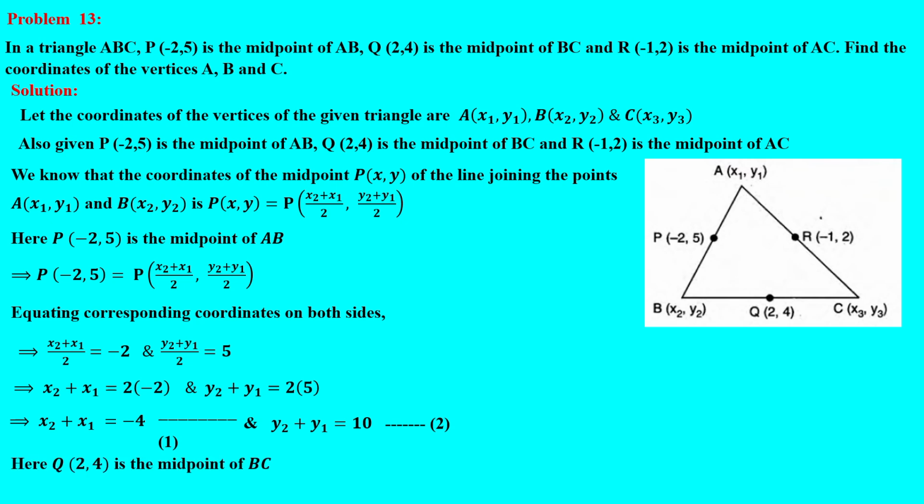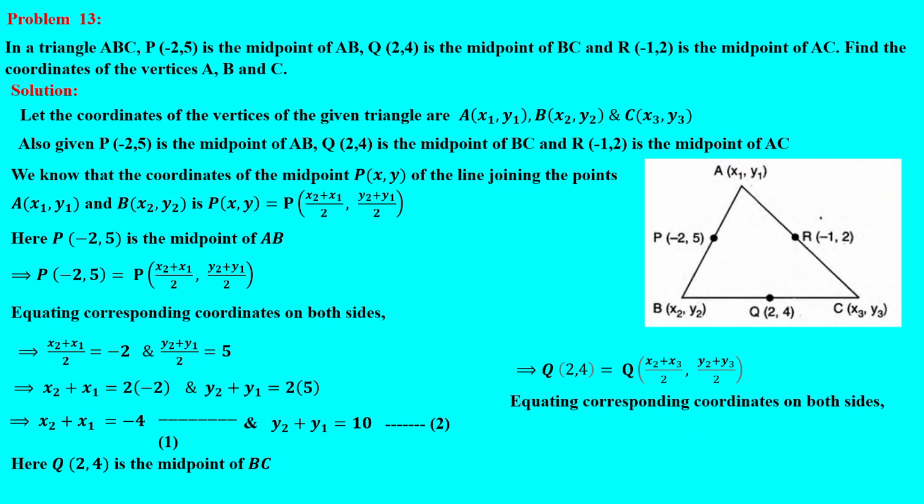Next, consider the midpoint Q(2, 4), which is the midpoint of BC. B is (x2, y2) and C is (x3, y3). So using the same midpoint formula, Q(2, 4) is equal to ((x2 + x3)/2, (y2 + y3)/2), because the points are B(x2, y2) and C(x3, y3).